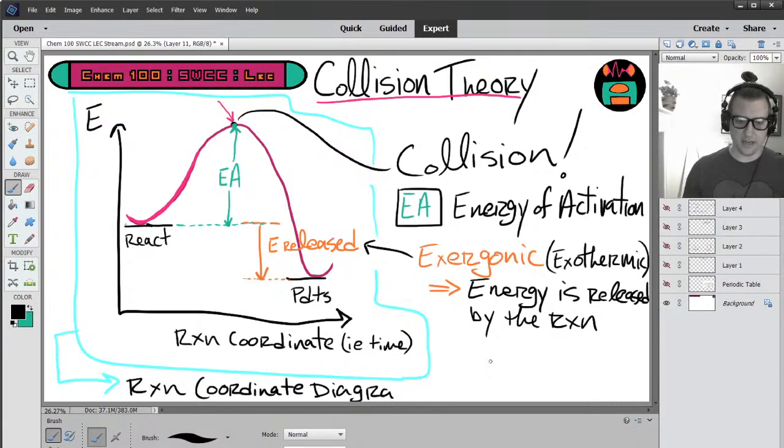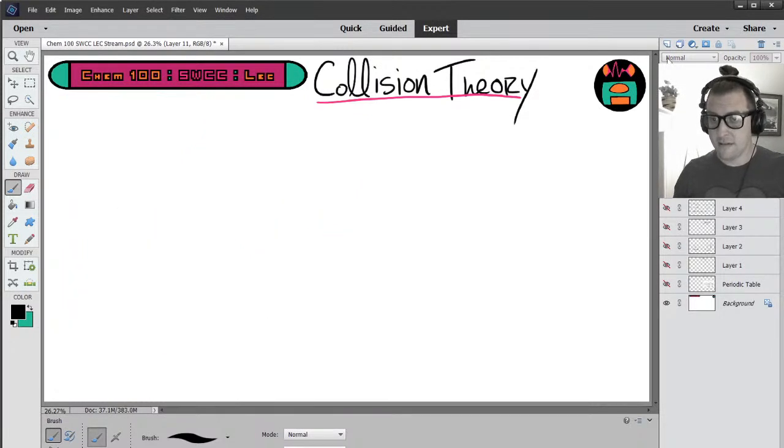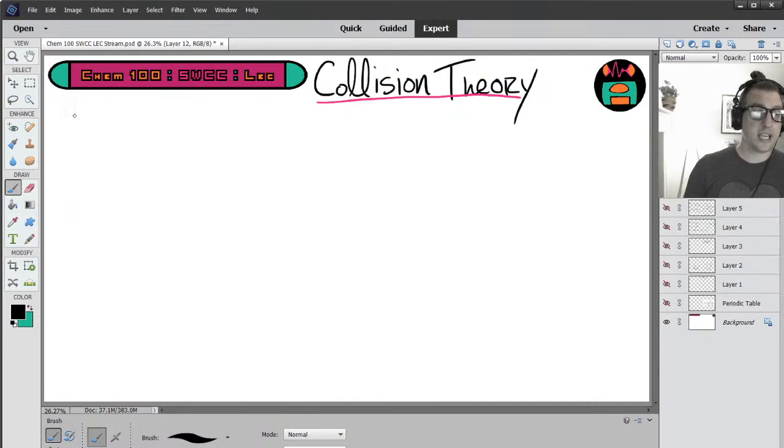All right, so this is a reaction coordinate diagram for an exergonic reaction, right? For a reaction where energy is released. What about chemical reactions where energy is not released? What do those look like? And as you'll see, they're similar. There's one key difference.